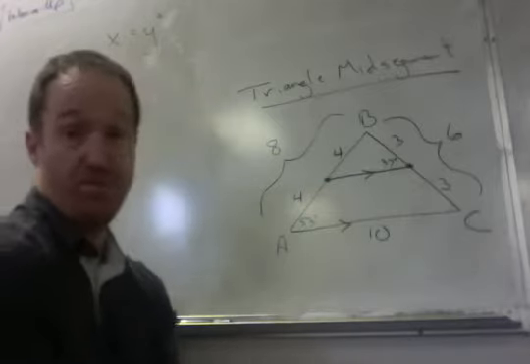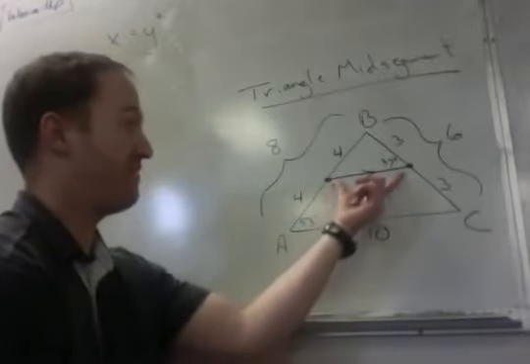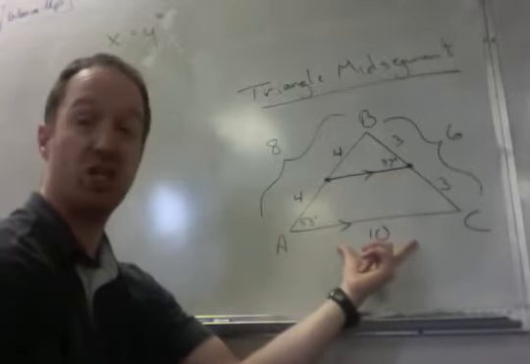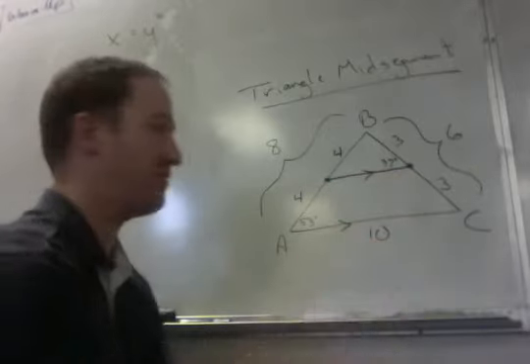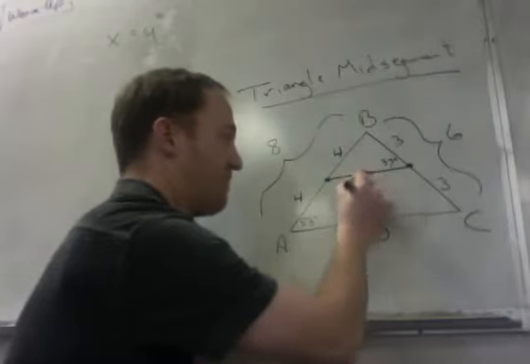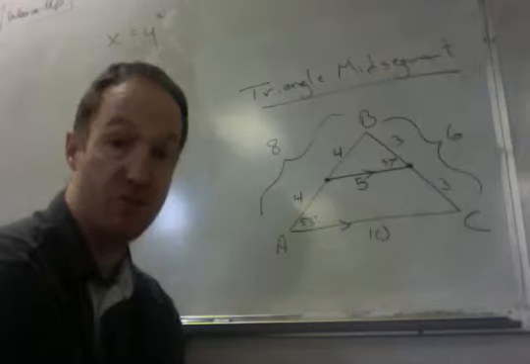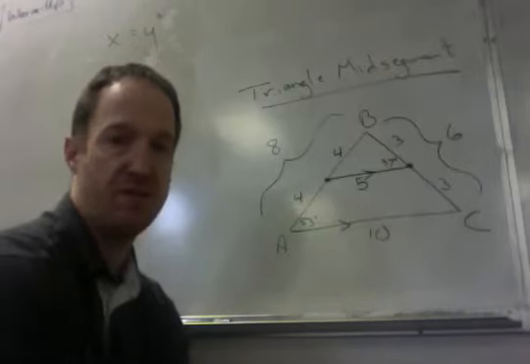And it also turns out that this segment here is half as long as this side that it's parallel to. So this is actually half a 10, which is 5. And those are the two properties of a midsegment.